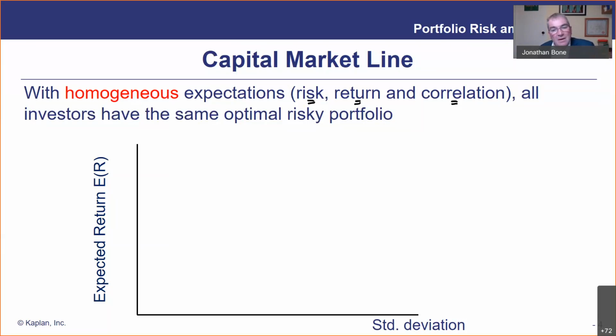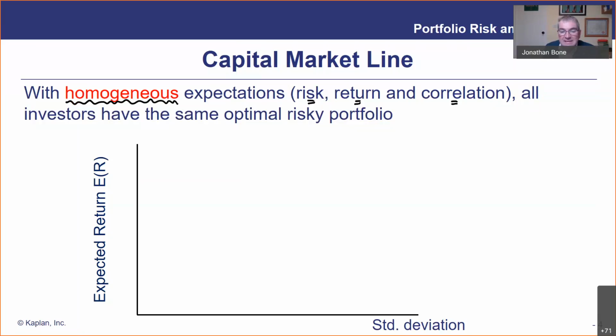Now, when we talk about the capital market line, we're moving towards CAPM, and we assume homogeneous expectations. Now, this means all of our investors have identical attitudes to investments, risk, returns, and correlations. So what that means is you all generate exactly the same minimum variance frontier.